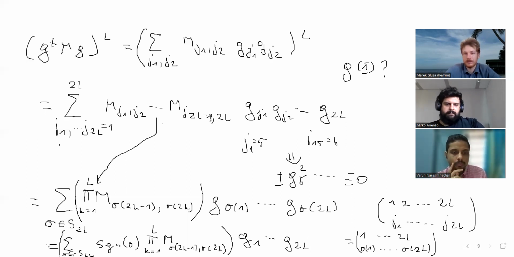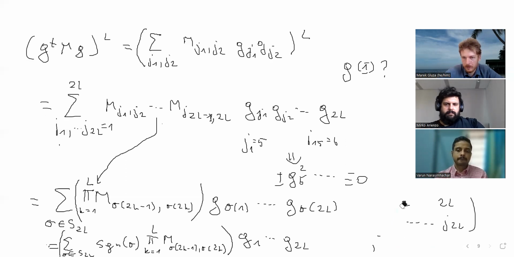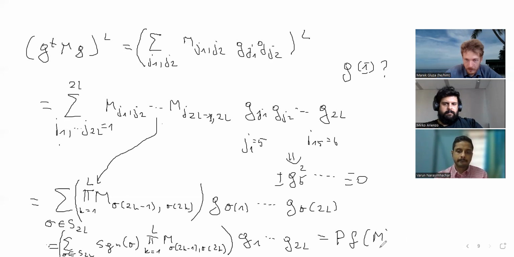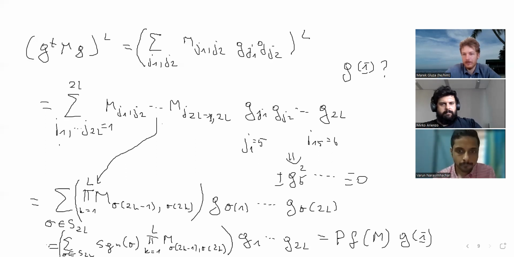That's the point, right? So if you will not mind that I will erase this stuff here, we come to the definition of a Pfaffian: the Pfaffian of M, and G of 1. If I would be integrating that thing, I would just get the Pfaffian.